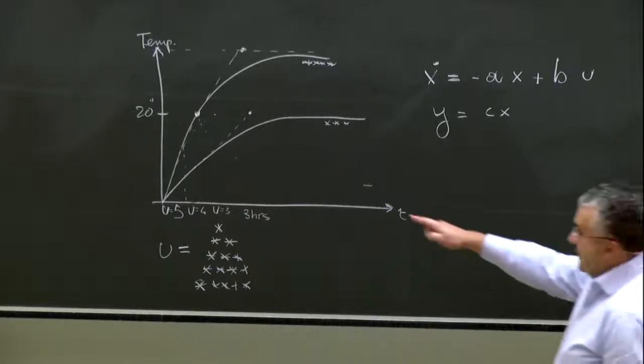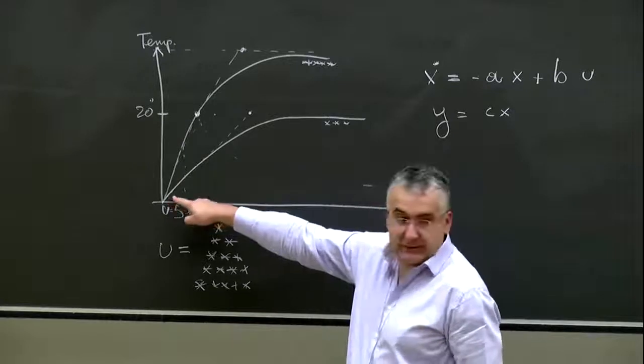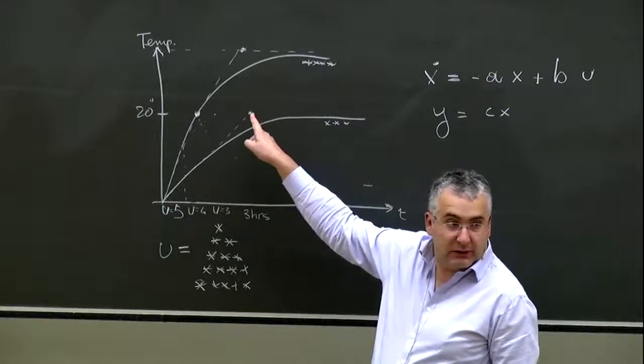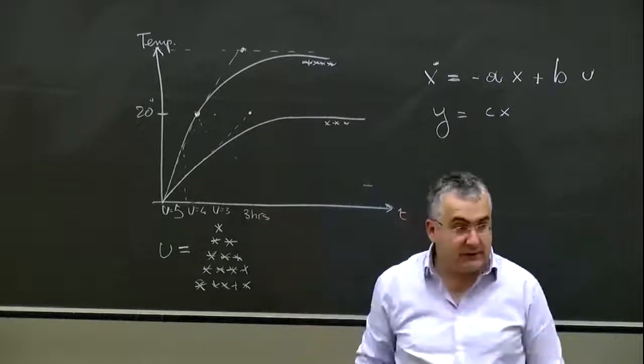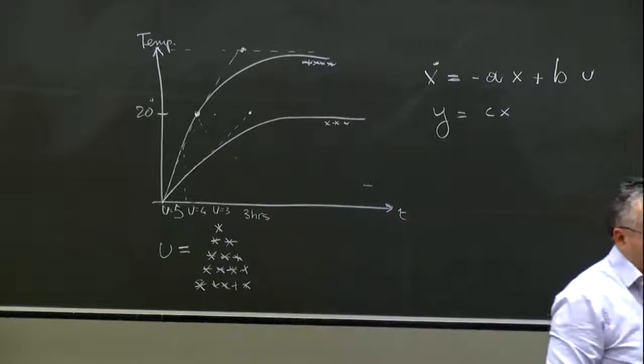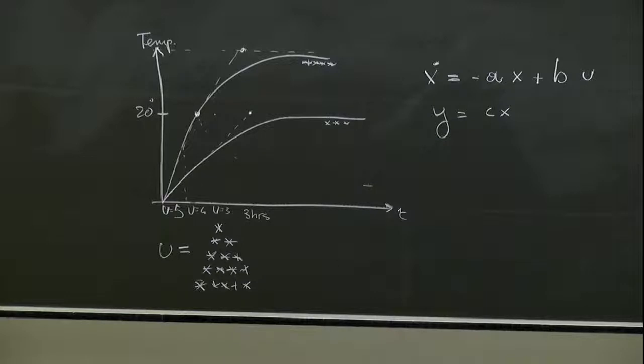We said that the time constant here, if you just draw this tangent and look at when it intersects the asymptote, the intersection happens at 3 hours, right? You remember how the time constant is related to the A coefficient or the eigenvalue? You can think of it.